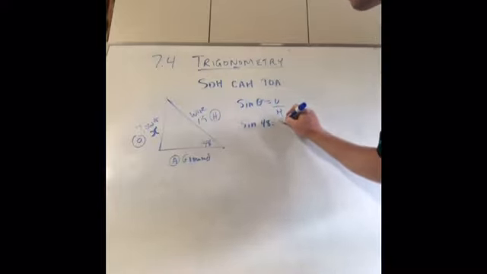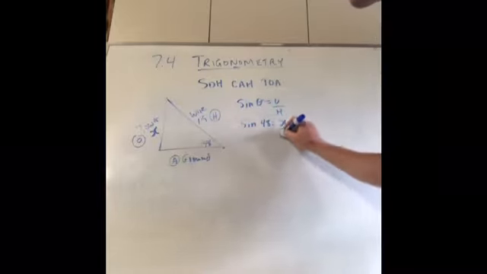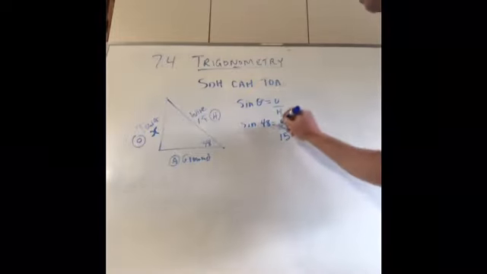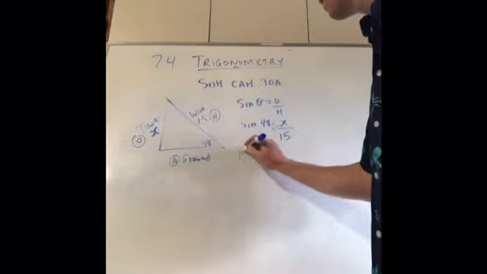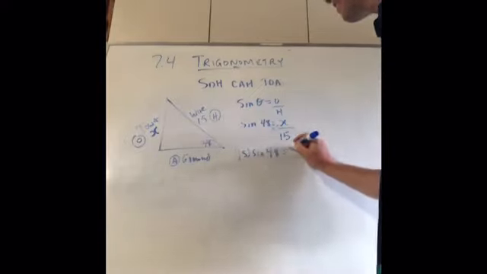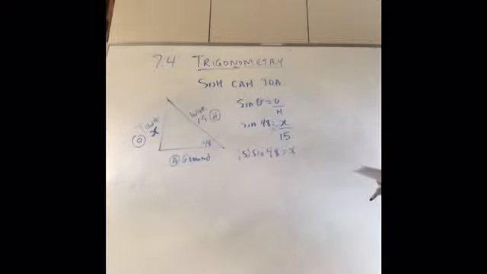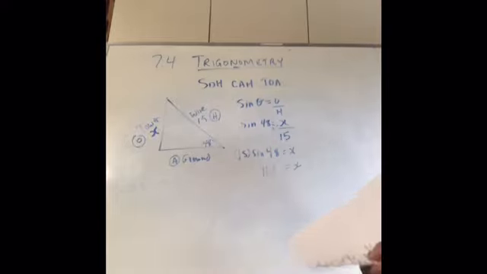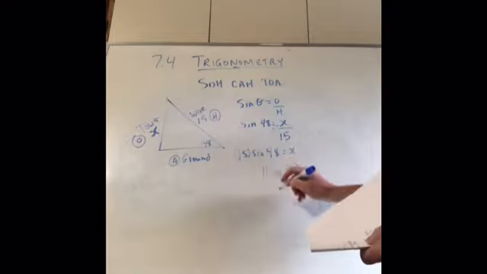The opposite I don't know, I'll just call it x, and we get 15. Cross multiply, 15 times sine 48 is equal to x. And we discover that the tower, or the antenna, is 11.1 meters tall.